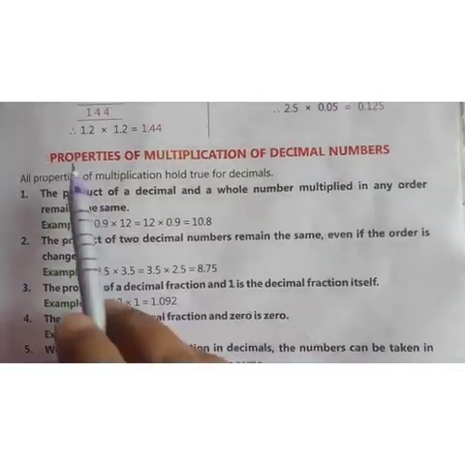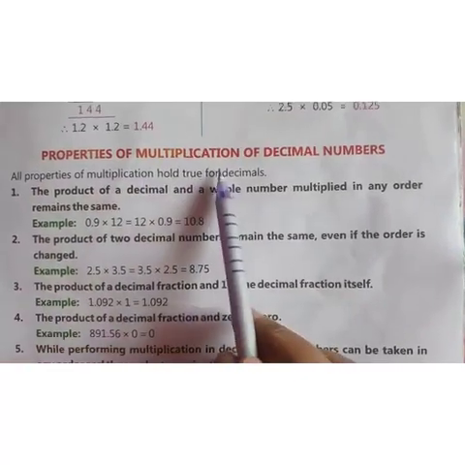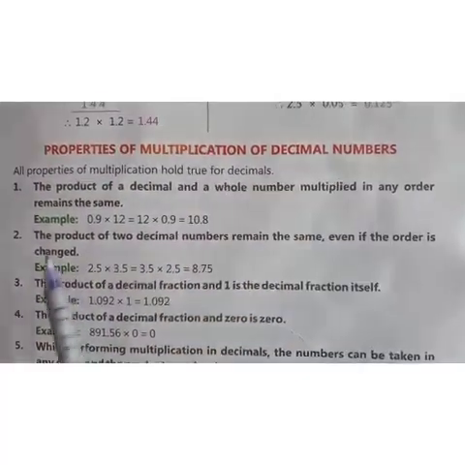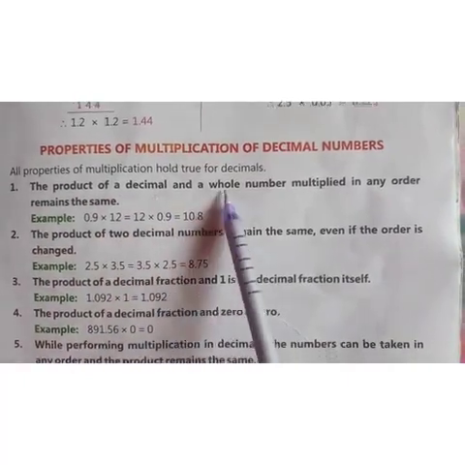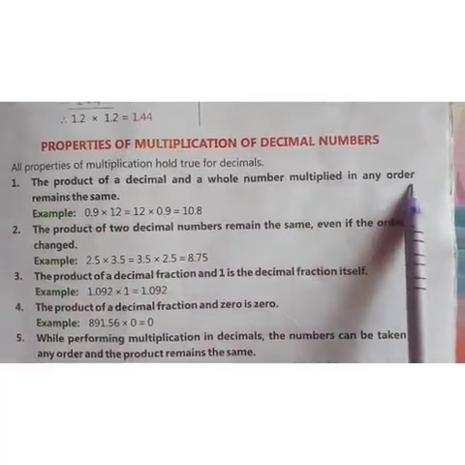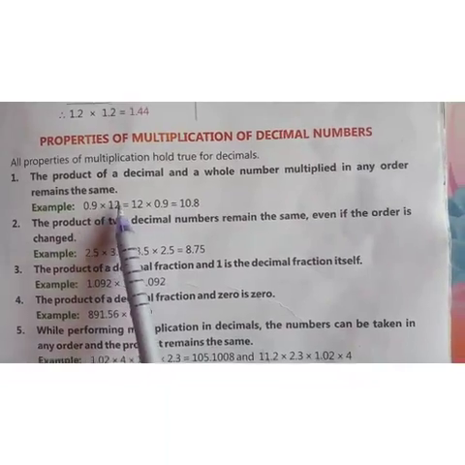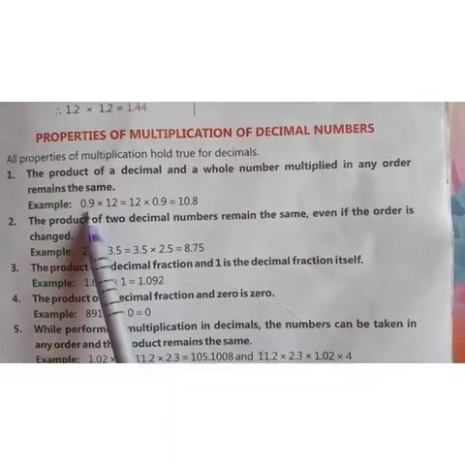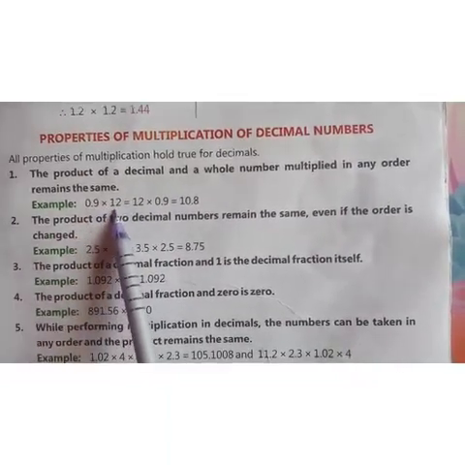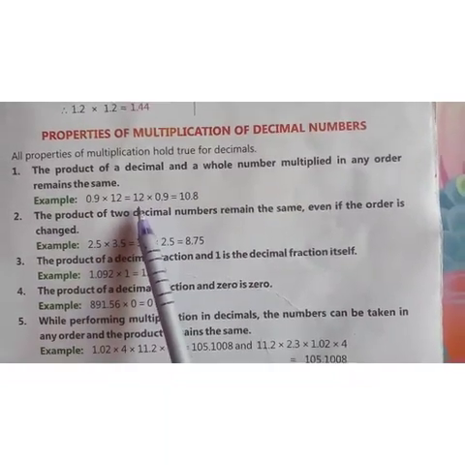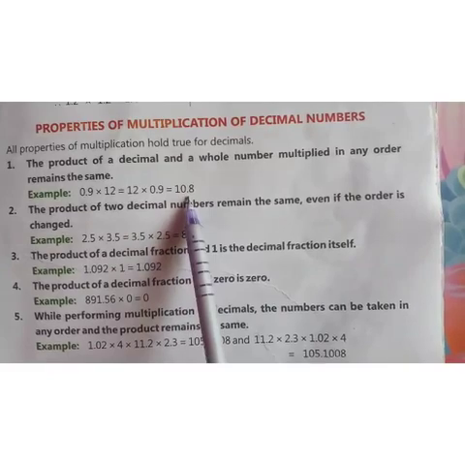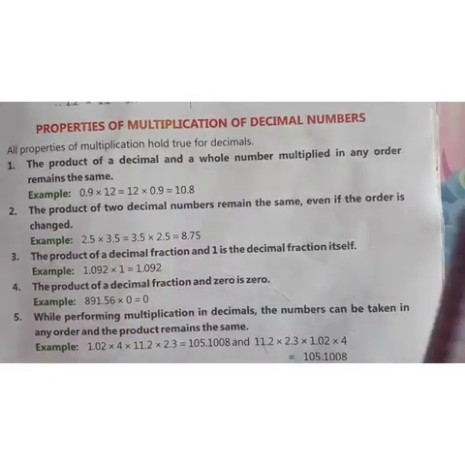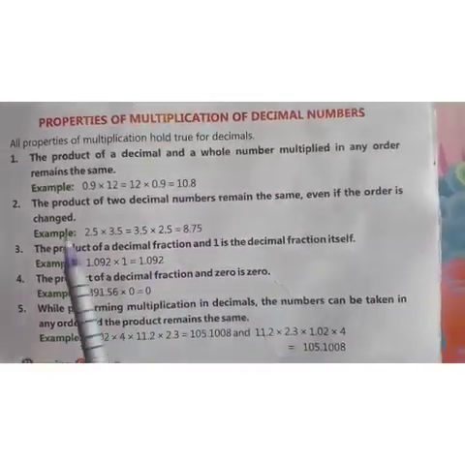Children, now let us study about the properties of multiplication of a decimal number. First one is the product of a decimal and a whole number multiplied in any order remains the same. That is, if you take 0.9 into 12 or multiply 12 into 0.9, the answer remains the same. The decimal place value also remains the same.